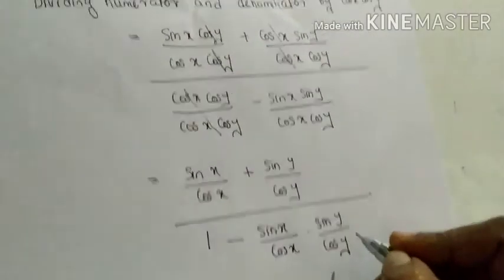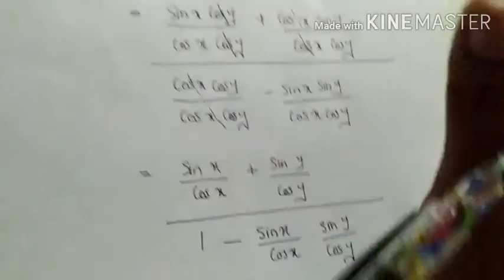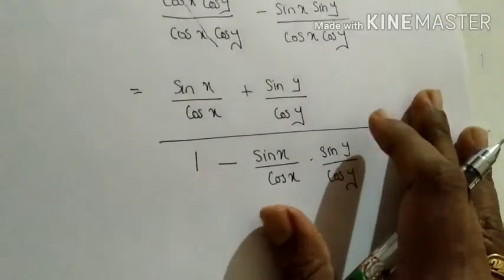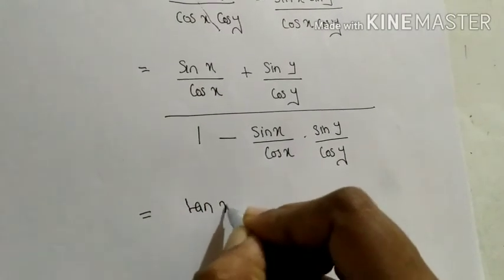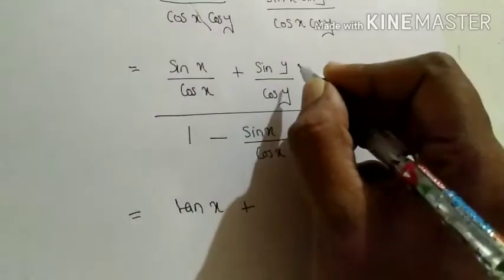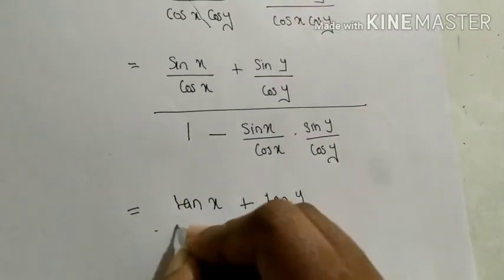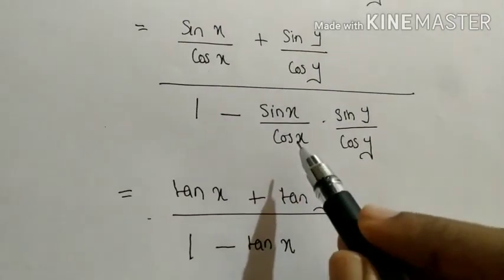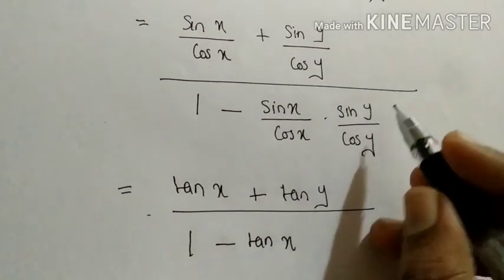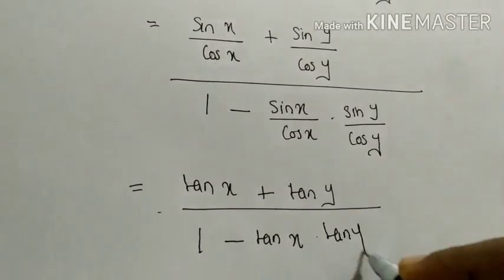Okay, if sin theta by cos theta is tan theta, then sin x by cos x we can replace by tan x, plus sin y by cos y by tan y, whole divided by 1 minus tan x tan y.